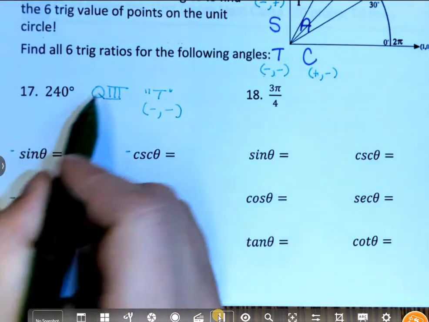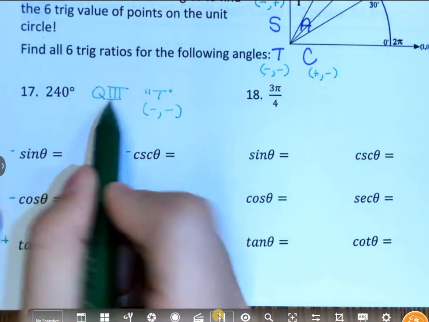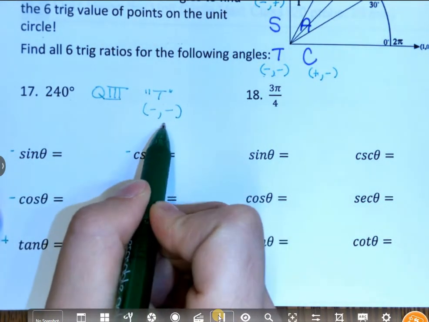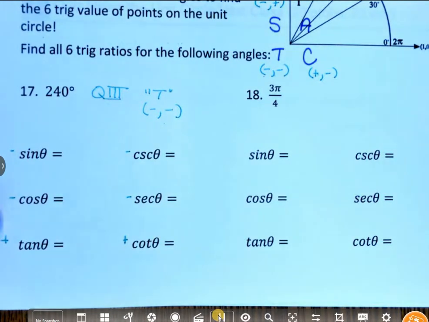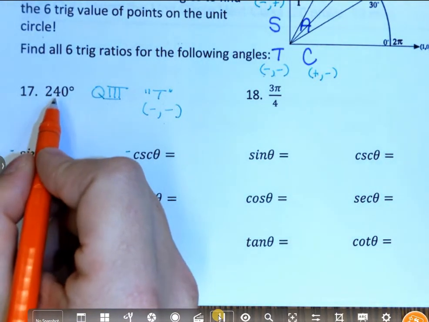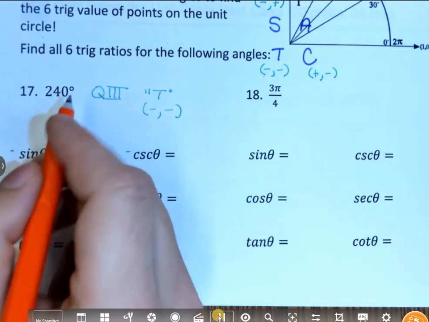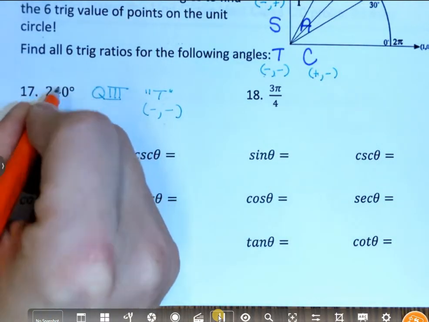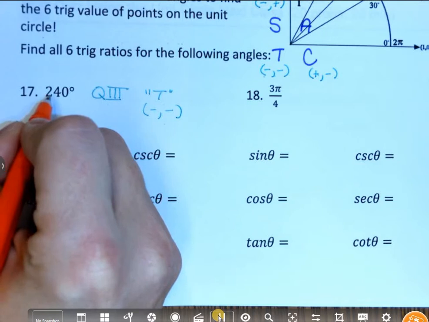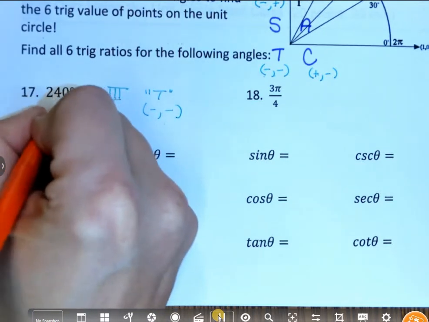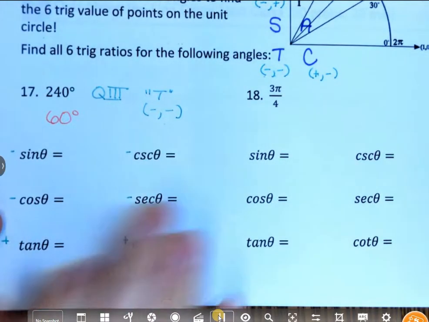All right, so we've talked about quadrants. All students take calculus. The signs, let's get to the reference angle. What is this closest to? 0, 180, or 360? 180. So how far do I need to move to get to 180? 60. 60 is your reference angle.